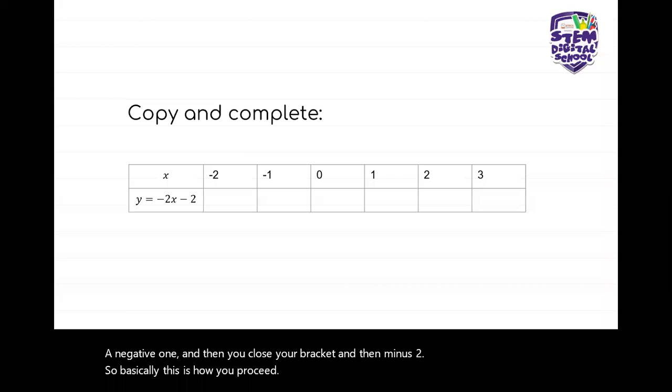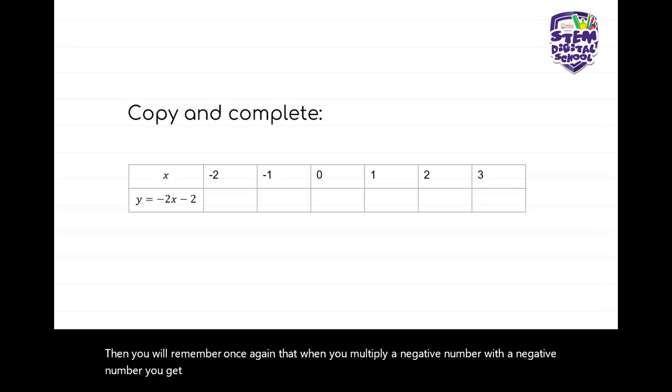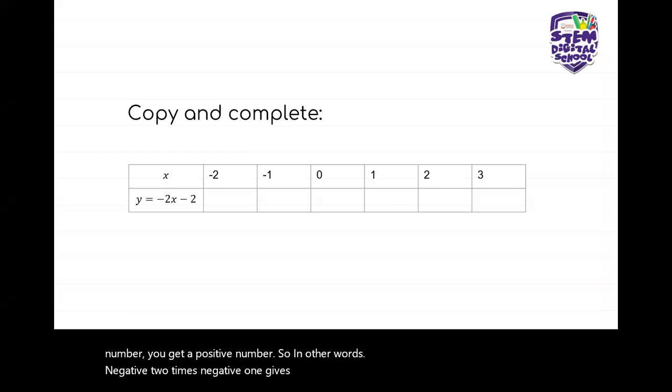And then you will remember once again that when you multiply a negative number with a negative number, you get a positive number. So in other words, -2 times -1 gives you 2. Therefore, y is equal to 2 minus 2.